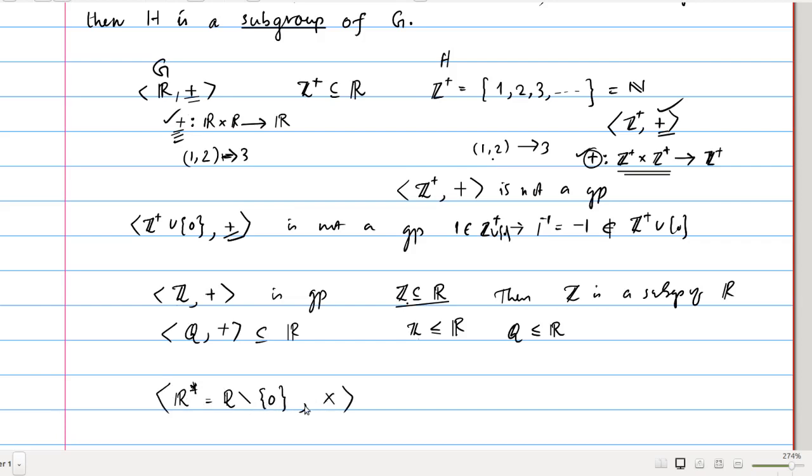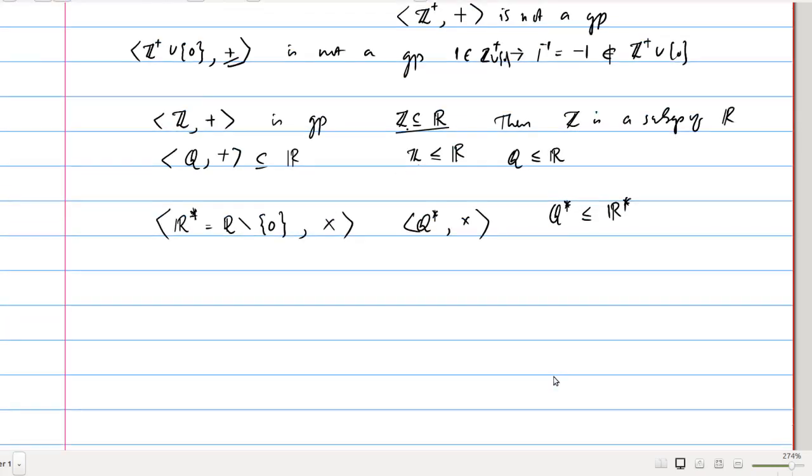Now you can consider Q star, which is the set of all non-zero rational numbers from the real numbers. Under multiplication this is again a group. Then we write that Q star is a subgroup of R star.